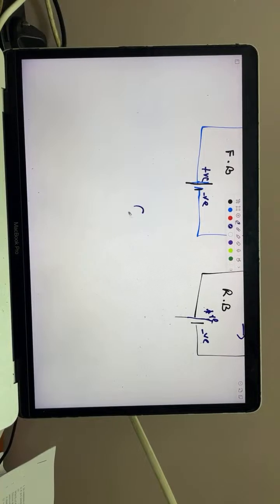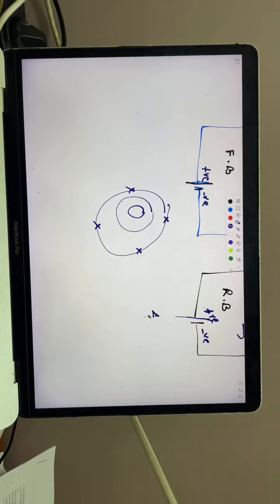In the outermost shell, semiconductors have 4 electrons, and from what we know about valency, to complete your octet structure, if you have 4 in your valence, that means you either lose the 4 or you gain 4.